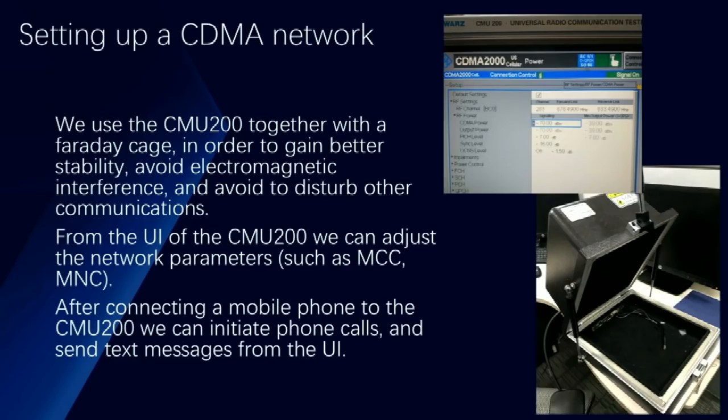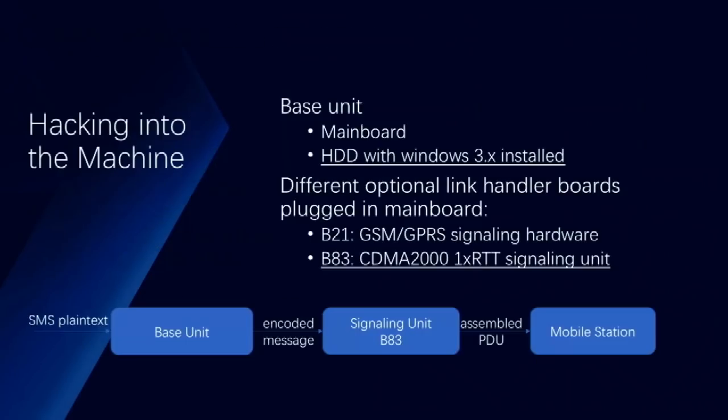We can make phone calls and even send text messages from the interface. But it's a common tester, so we cannot use it to deliver our malicious payload. So we have to hack into this machine to make it satisfy our requirement.